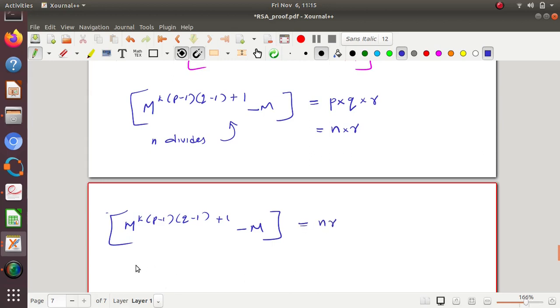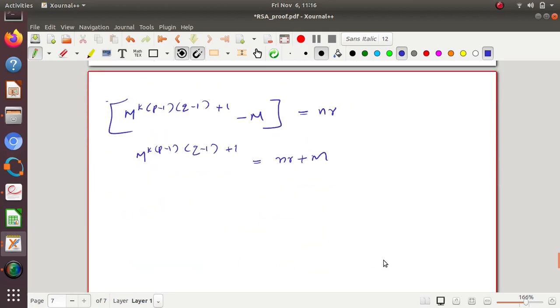So m to the power k(p minus 1)(q minus 1) plus 1 is equal to nr plus m.